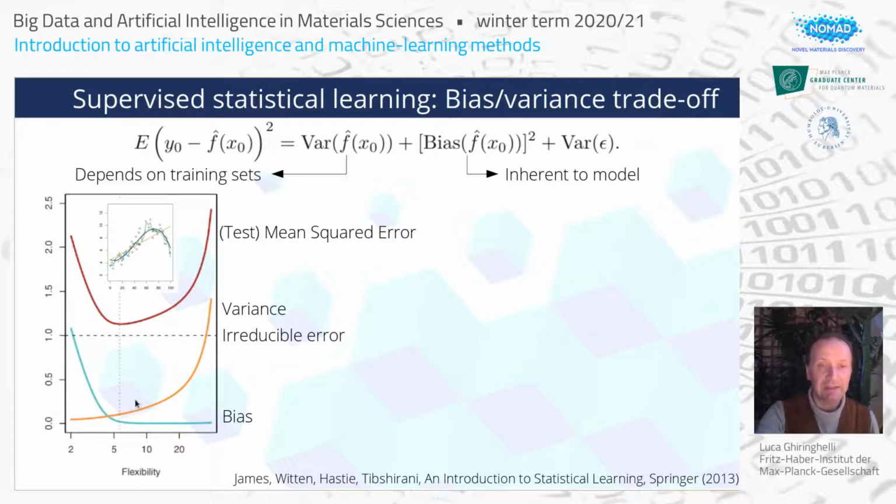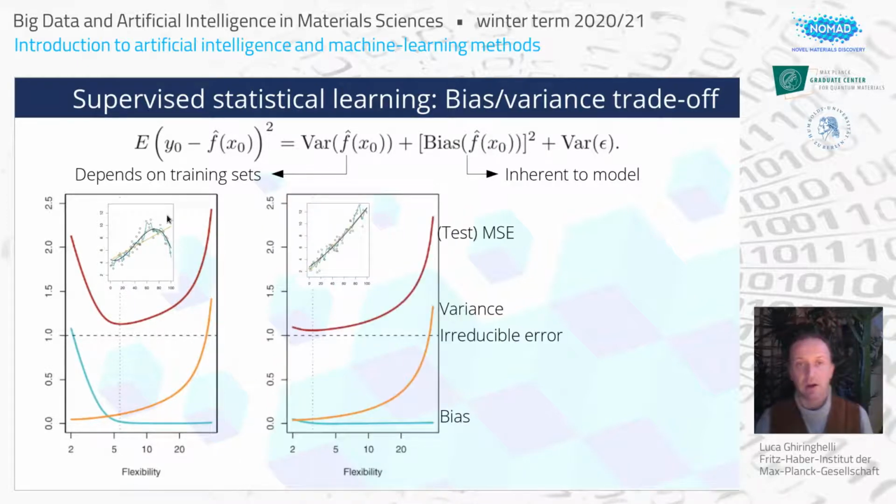On the other hand, the variance goes up by construction, because the more freedom the model has, the more it will change every time the training set changes. And the sum of this plus the irreducible error gives our mean squared error. This is the same decomposition for the same kind of scenario that I showed in the previous slide.